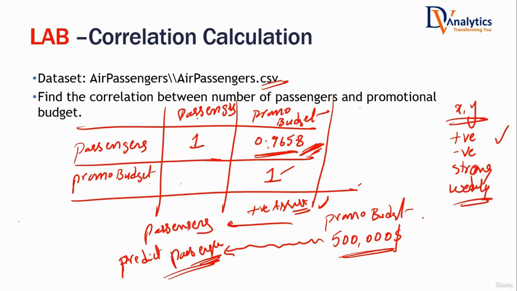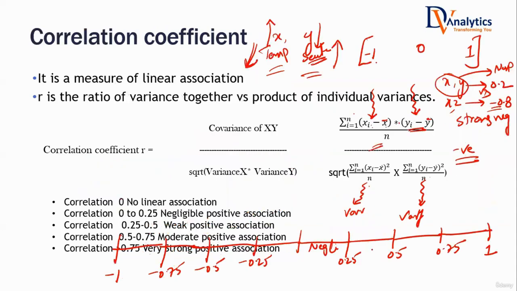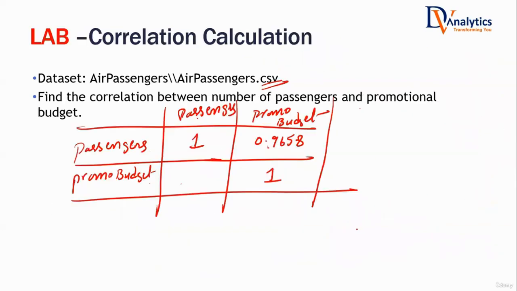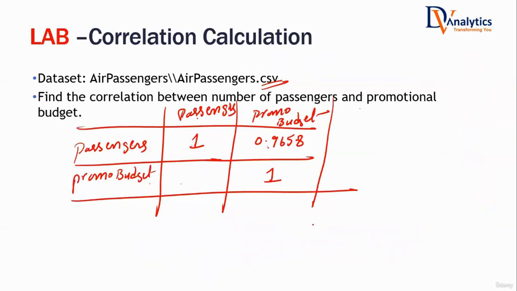But the formula of correlation coefficient, does it have the power that, given the value of one variable, it can predict the other variable? Is it possible? Correlation coefficient, given the value of one variable, can it predict the other variable's value? No, sir. Correlation coefficient formula does not allow us to predict the value of another variable given the value of one variable.